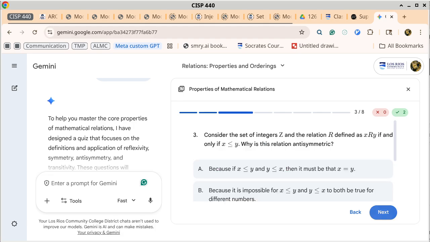Number 3: consider the set of integers Z and a relation R defined as x R y if and only if x is less than or equal to y. Why is this relation anti-symmetric?